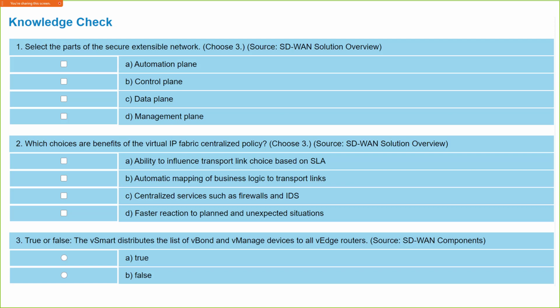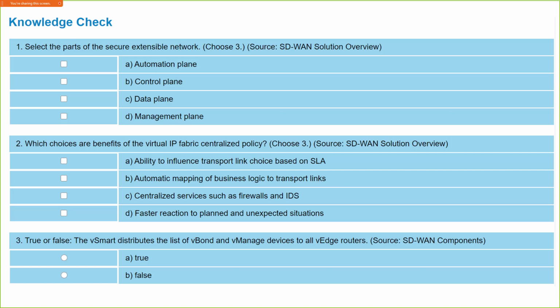So I would say out of all of these, I would pick A, C, and D in this particular case. The ability to influence transport links based on SLA is kind of what B is, but B is a more generic way of saying it, I guess. Mapping your business logic to your transport links. Business logic would be the service level components that you want to include, right? So I would say A, C, and D in this particular case.